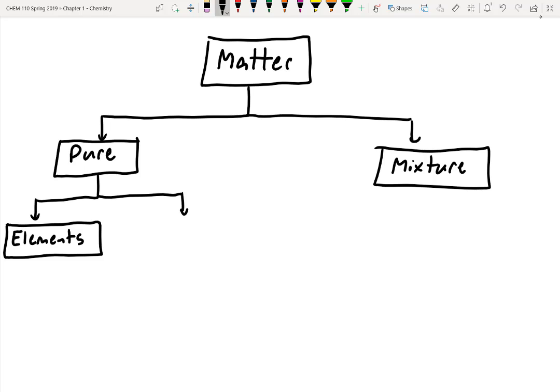Hydrogen. So let's say you have just one atom of hydrogen floating around. That would be considered an element. If we look on the right-hand side on the top corner, we've got helium, right? So helium would be an element. You can get a balloon full of helium, meaning you've got a balloon full of a pure type of matter, right? All right. Next, though, we have compounds and molecules.